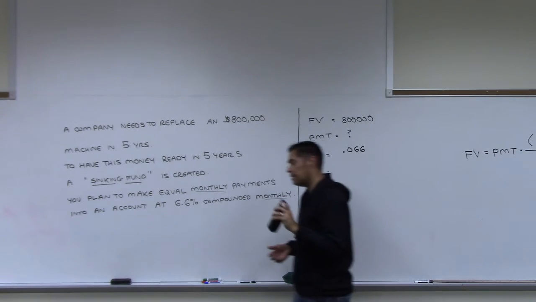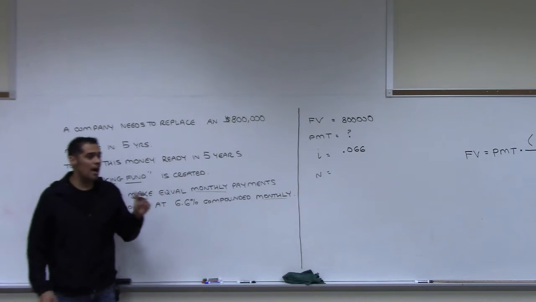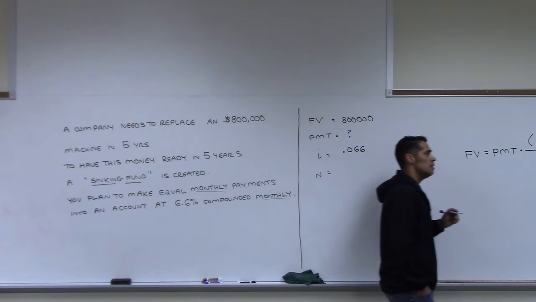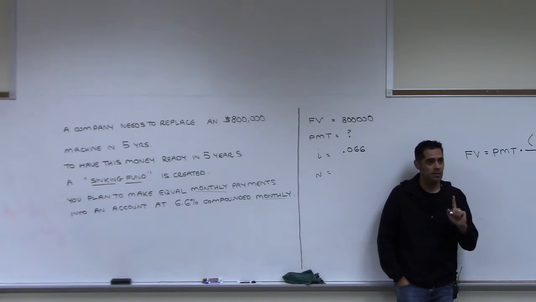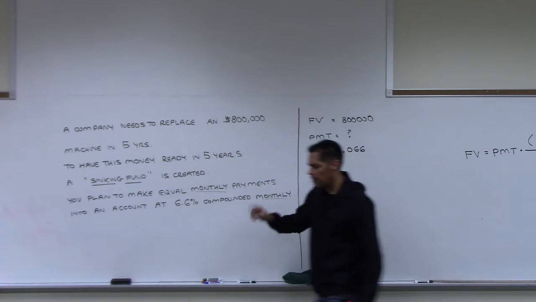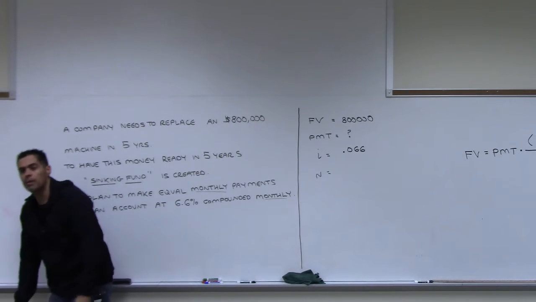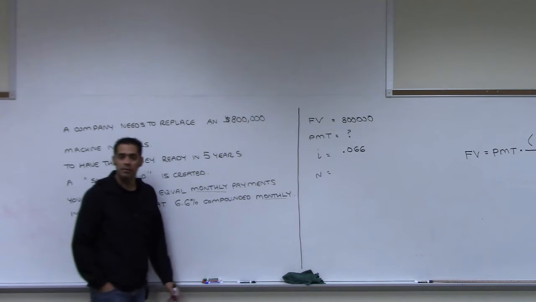Now that's what you would think it would be, right? That's the I that you would have if your interest was compounded annually. But go back, when I wrote I on the board, what did I write? I said I was interest rate per period. Per period. So how many periods are we having annually here?